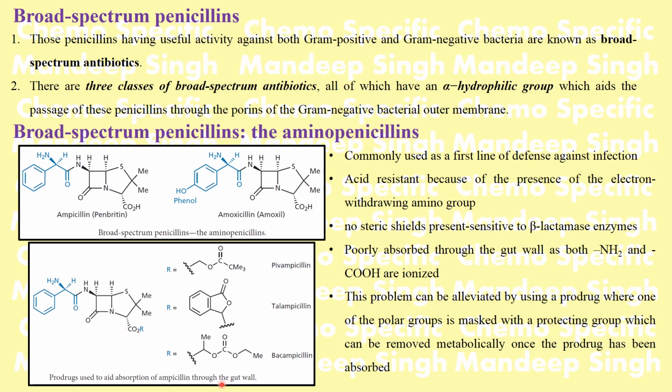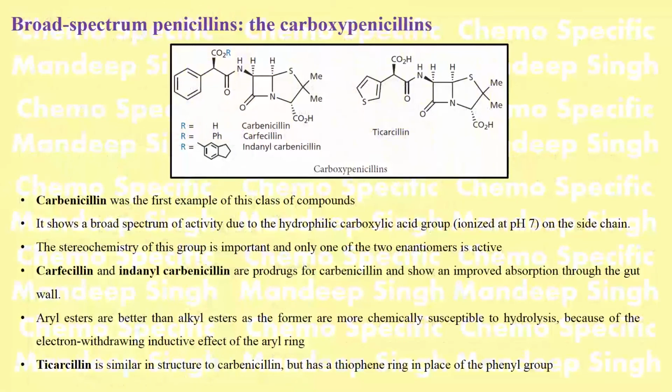And we know an ester can be easily hydrolyzed inside the acidic environment of the body, and after absorption inside the gut wall, these groups undergo hydrolysis to give you the free acid, so they act very, very efficiently.